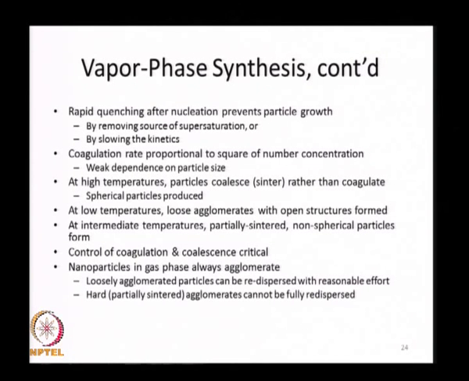At intermediate temperatures, you get partially sintered agglomerates which are non-spherical in form. At high temperatures where coalescence dominates, you form spherical particles. So, control of coagulation and coalescence is critical. You can control not only the size of the nanoclusters, but even the shape of the nanoclusters.